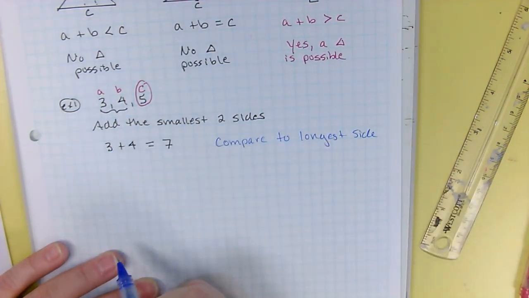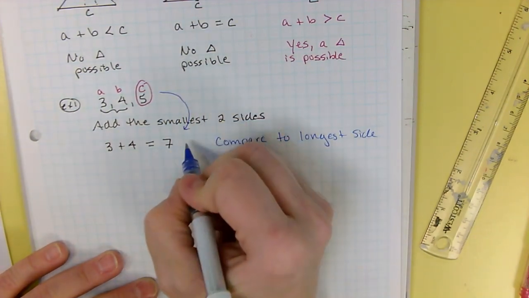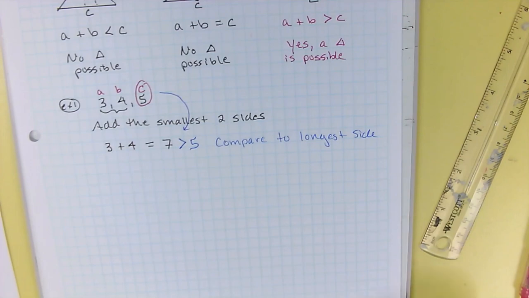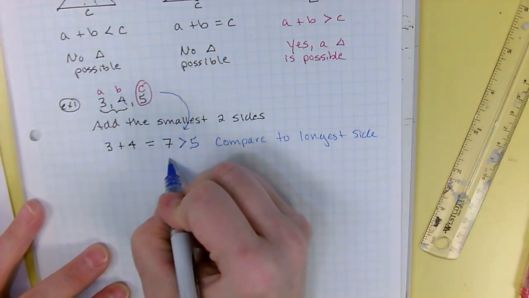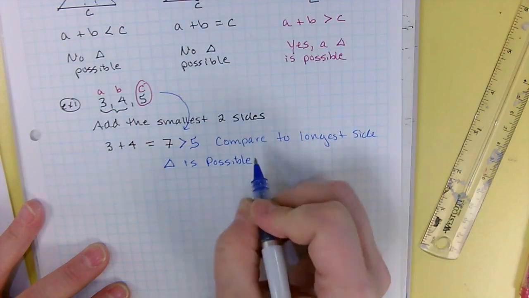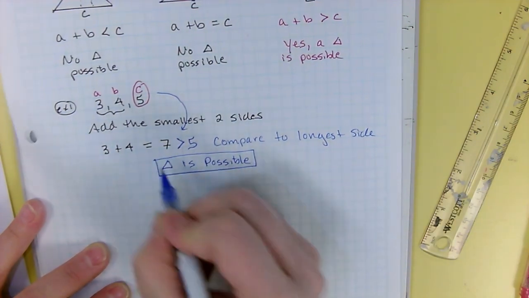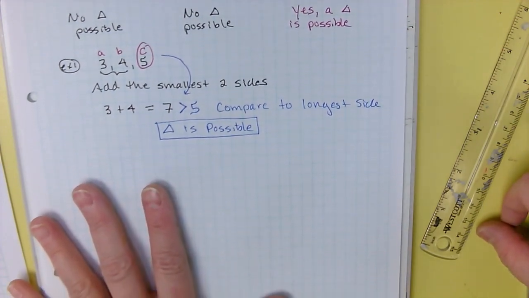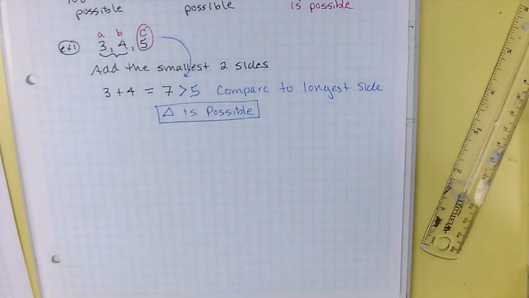So in this case, our C is the longest side, and 7 is greater than 5. So because their sum is greater than their longest side, C, a triangle is possible. So you add the smallest two sides and then compare that sum to the third side. If that sum is bigger than the third side, you have a triangle.